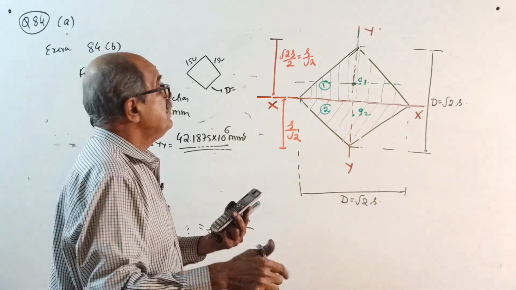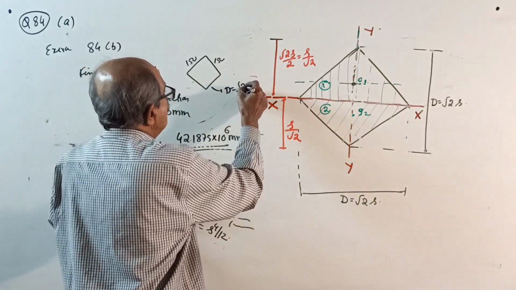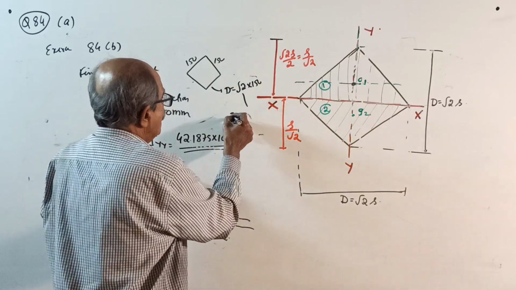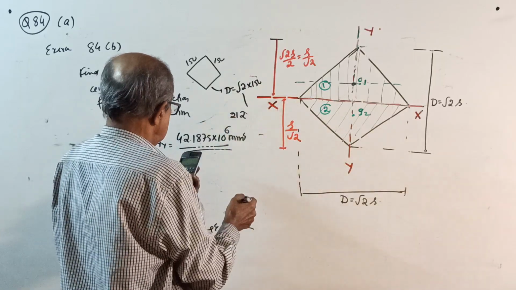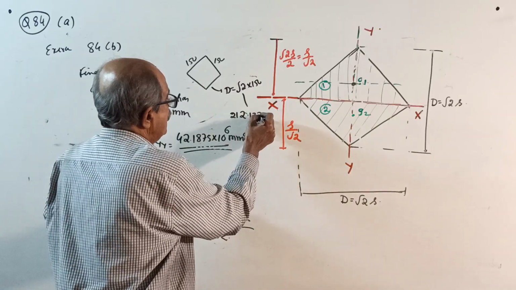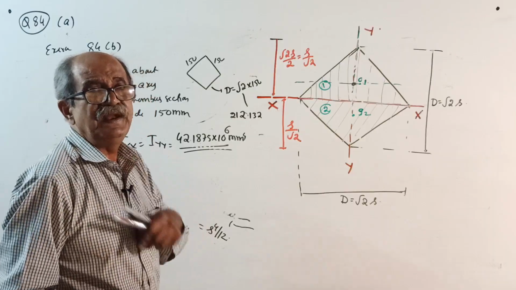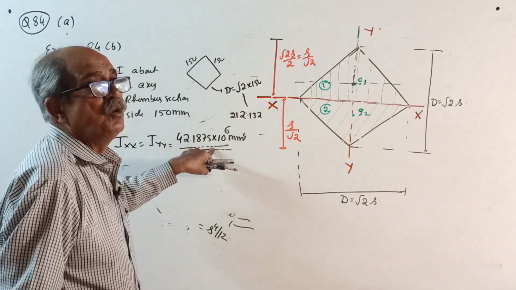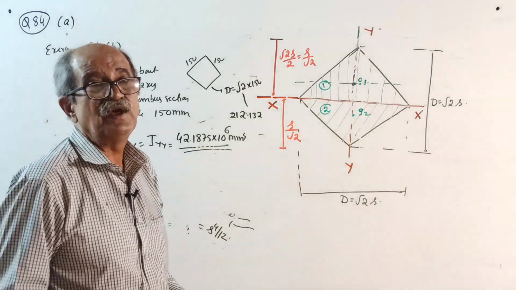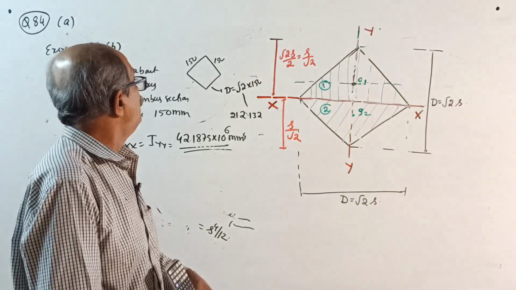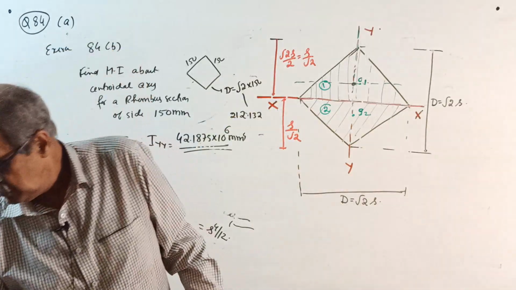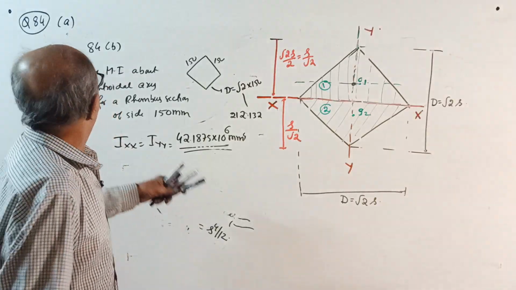You write 150 root 2 only, or if you do numerically, it is 212.132. But if you write 212.132, you will get 41.187499, something like that. That is a decimal error. If you write root 2 as root 2 only, you will get the same answer.